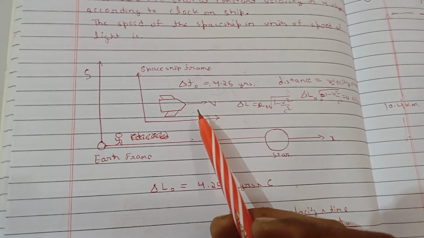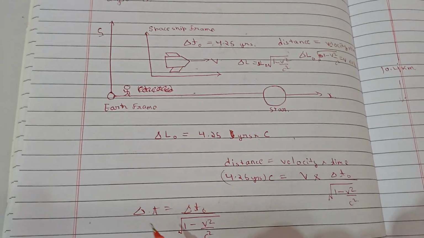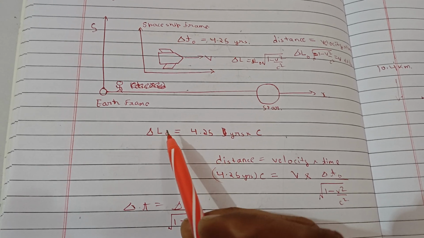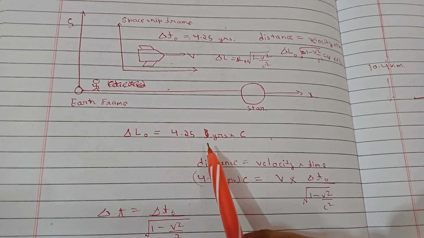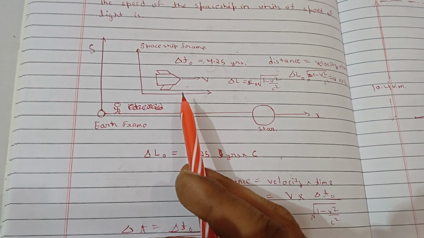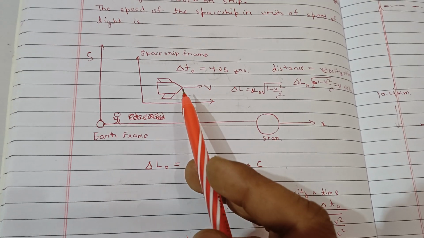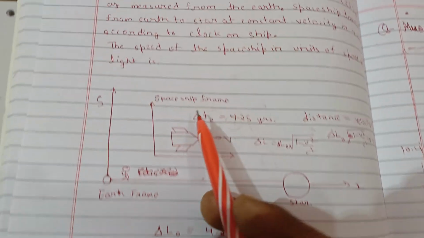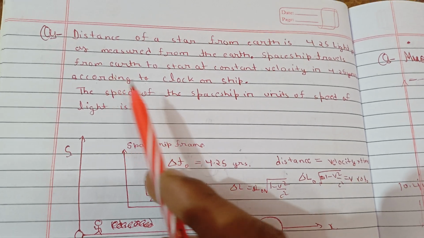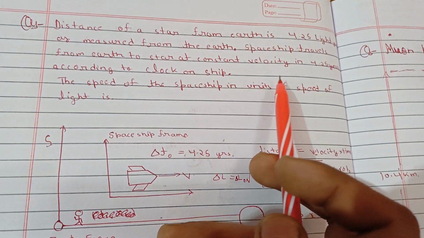Okay, so we know that this distance is equal to what? There is a difference in time. Okay, so what is in the question is that a spaceship travels from Earth to the star at constant velocity.